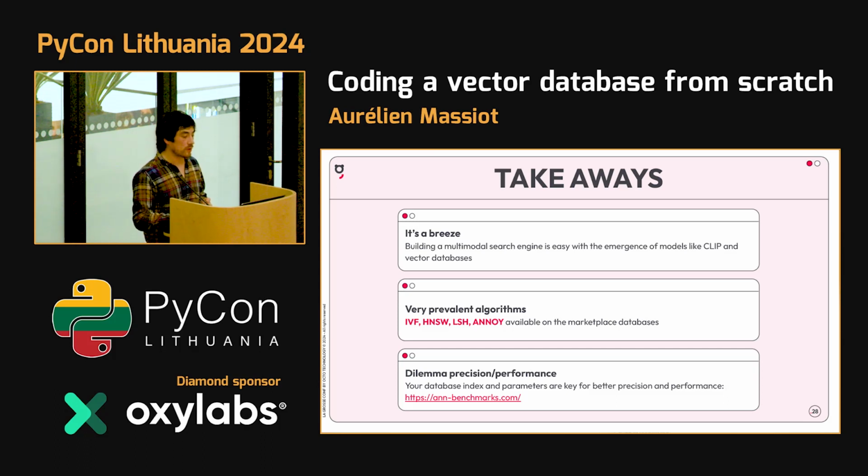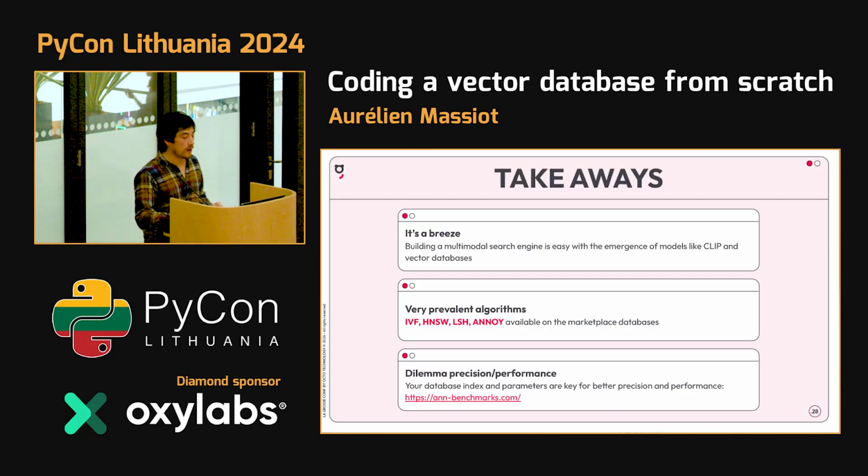You have also, in all of the vector databases on the shelf, all the algorithms for index. So IVF, this is the one that we coded here, which is very simple with the k-means. But also LSH and NSG, they are very strong algorithms, maybe more complicated, of course. HNSW also is maybe the best one today, which is very, very fast. I will show you on the demo after.